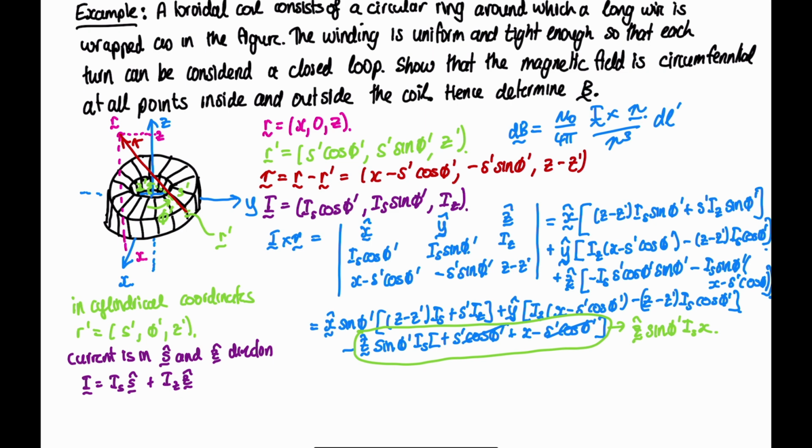Okay, and now comes the sneaky part where we exploit the geometry. So we chose this point here at an angle phi prime. What we can do is choose another point on the opposite side of the toroid at an angle minus phi prime.